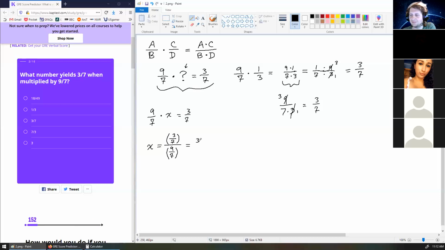Yeah, you always have to reduce fractions as low as they can go. That is the easy way to do it, honestly. That's what I did. But then I liked how he placed it with the 9 times 1 and 7 times 3 and just canceled the numbers out because it's faster than having to do multiplication with large numbers.